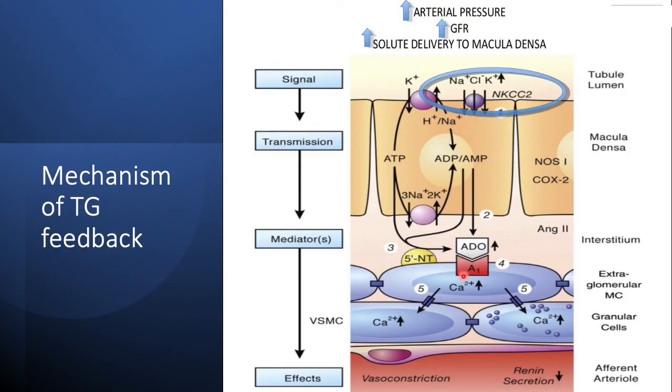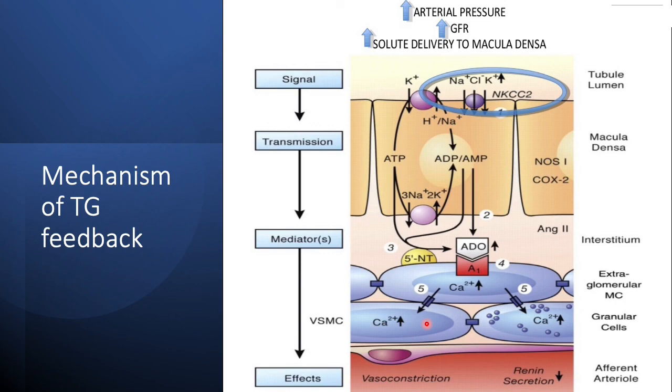It is sensed there, and ultimately it increases calcium in the smooth muscle of the afferent arteriole. The voltage-gated calcium channels are opened, and calcium goes inside the smooth muscle. Ultimately, the increase in calcium concentration causes smooth muscle contraction.